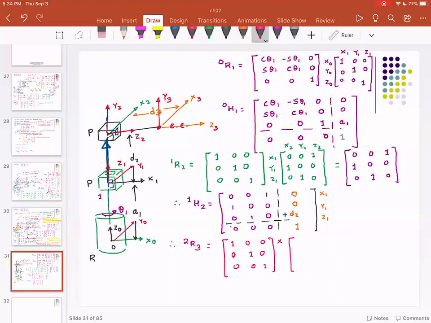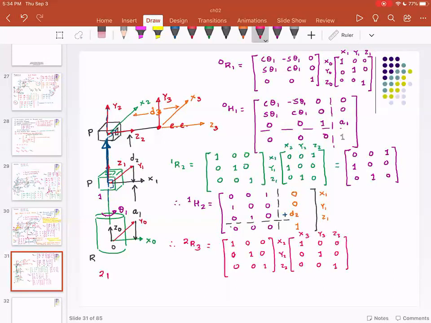So now you have x2 y2 z2 x3 y3 z3, and x3 onto x2 is 1, y3 onto y2 is 1, z3 onto z2 is 1. 0 0 0. So the good news is both identity matrices, identity multiplied by identity is identity.